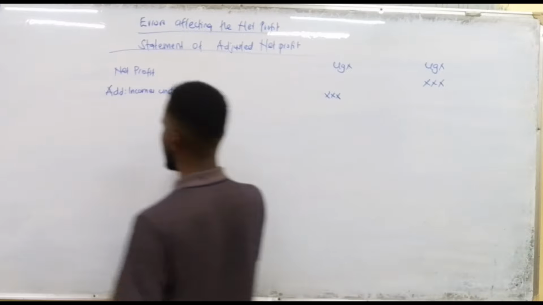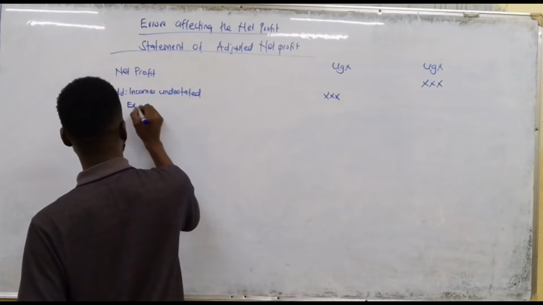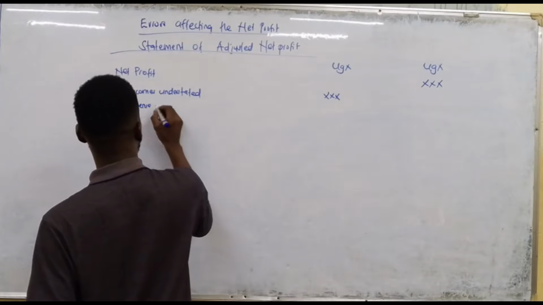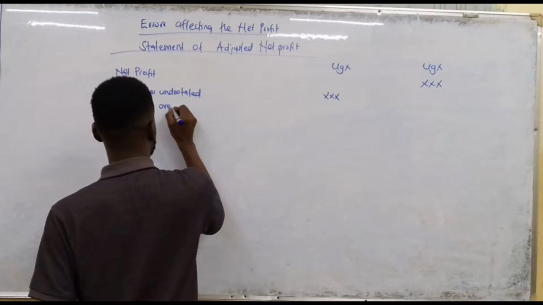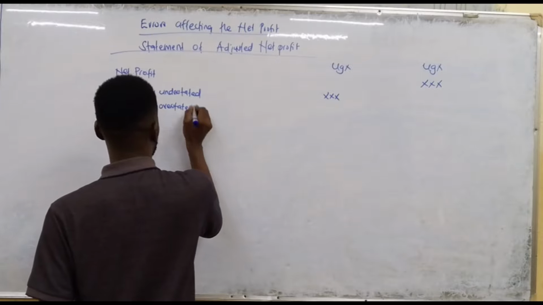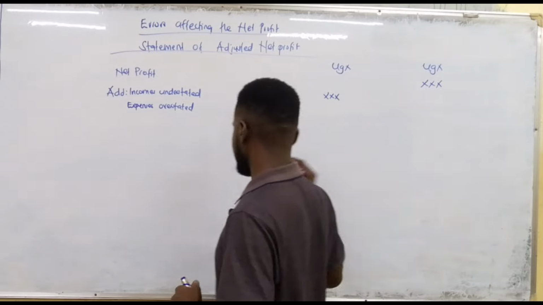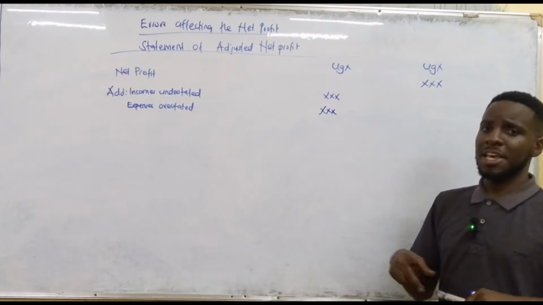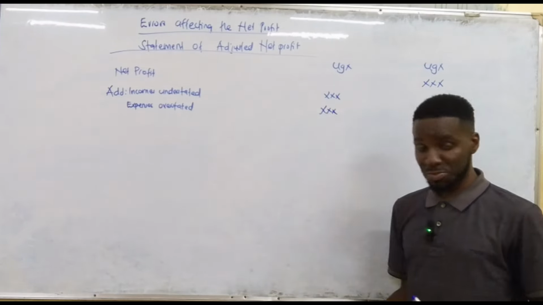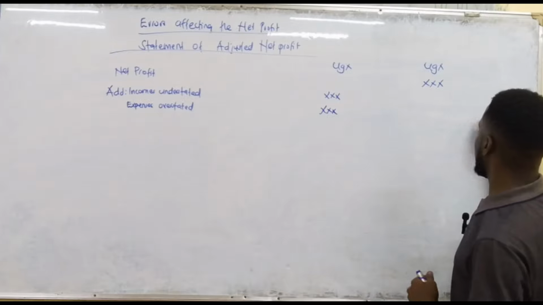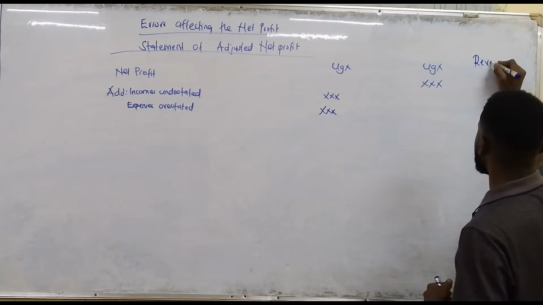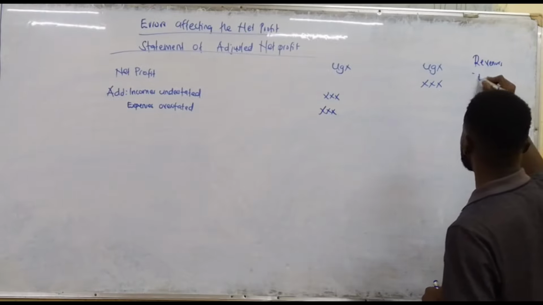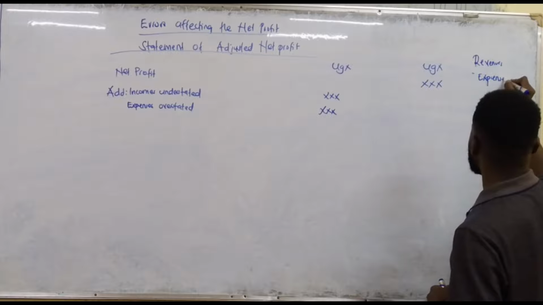Then we bring our expenses also overstated. Okay, so we bring the value here. So you know very well that every time we overstate our expenses, remember it's revenues minus expenses equals the net profit.